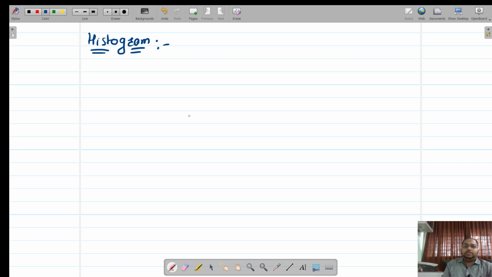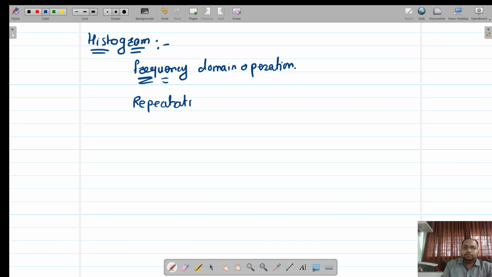Remember that a histogram is simply a frequency kind of domain operation. Whenever we encounter the term frequency, it is nothing but the repetition of a certain thing.